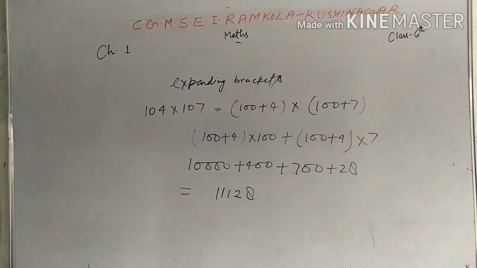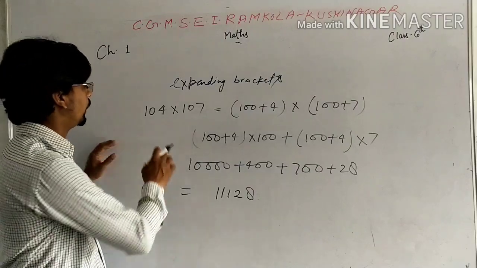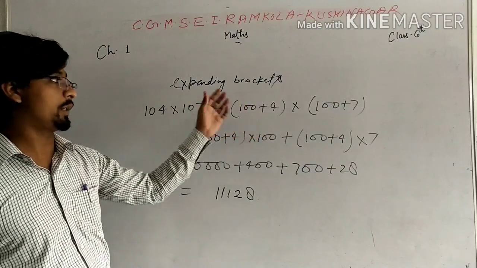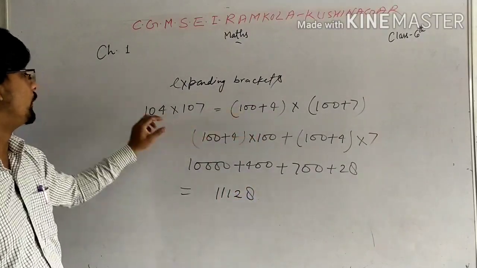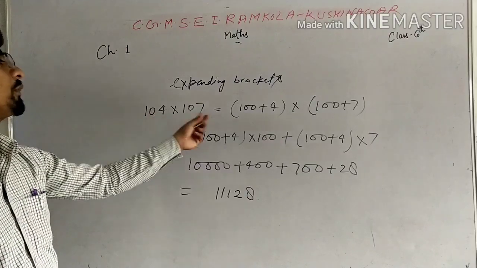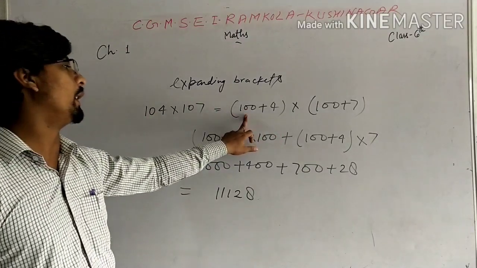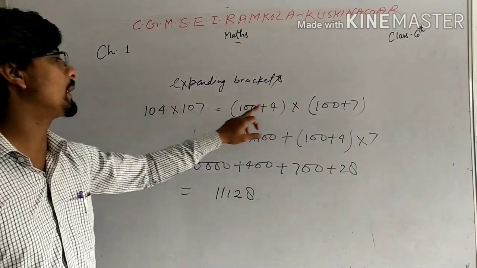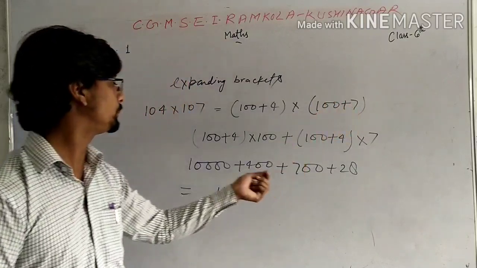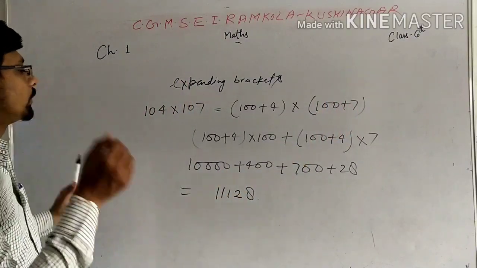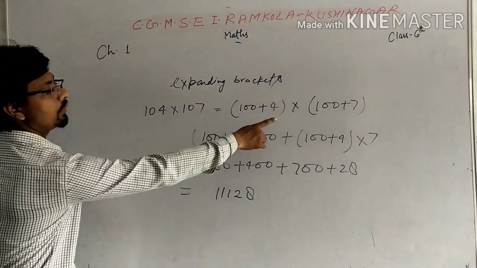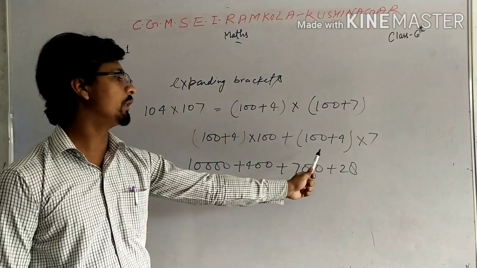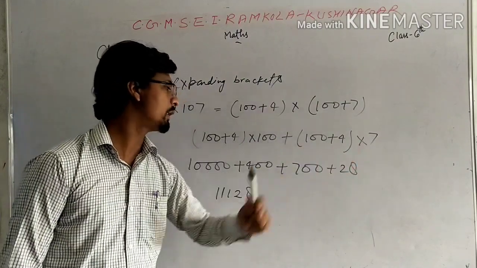Okay. Once again, let's understand this. 104 into 107 is equal to, if you want to expand in the brackets, first you know very well 100 plus 4 makes 104 and 100 plus 7 makes 107. Now you multiply 100 into 100 plus 4 into 7.